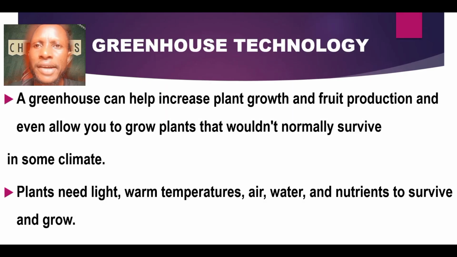A greenhouse can help increase plant growth and fruit production, and even allow you to grow plants that wouldn't normally survive in some climates. Plants need light, warm temperature, air, water, and nutrients to survive and grow.